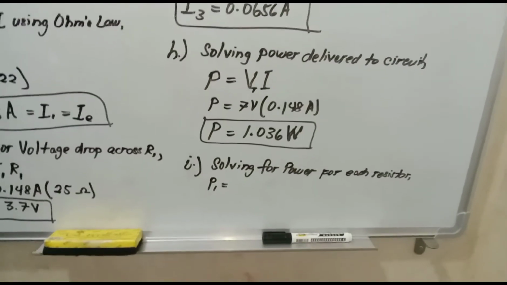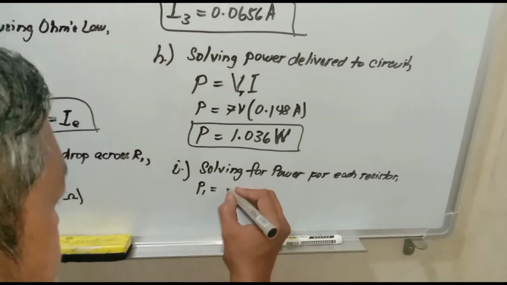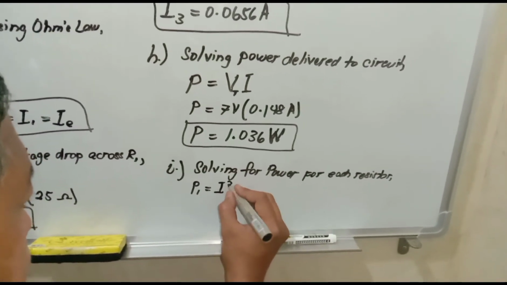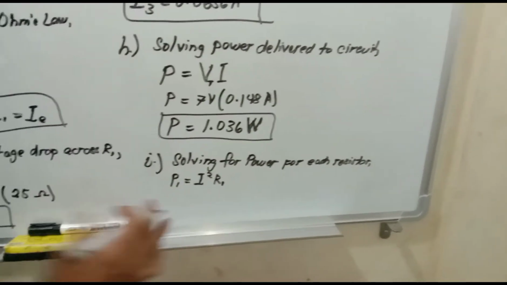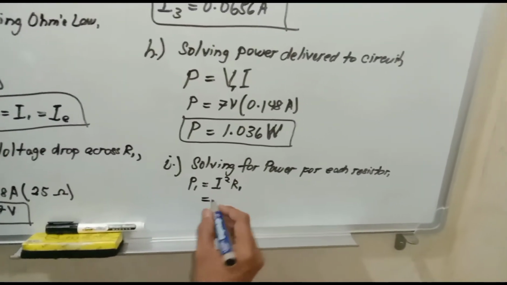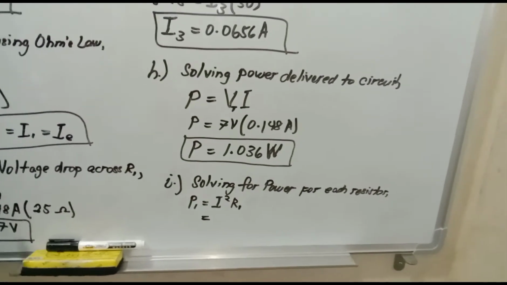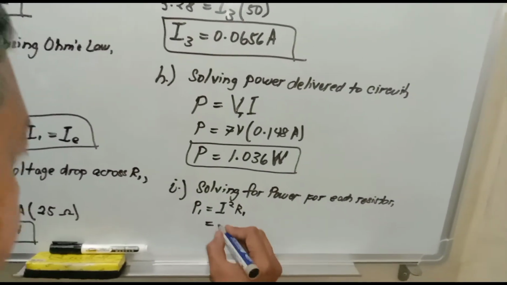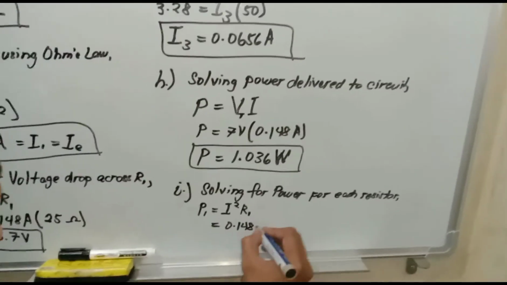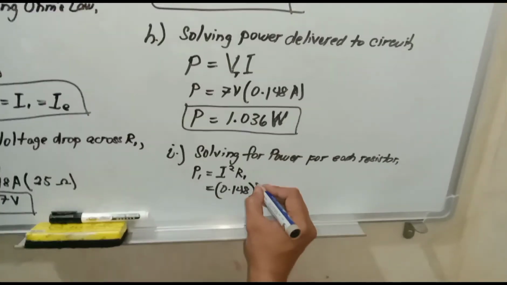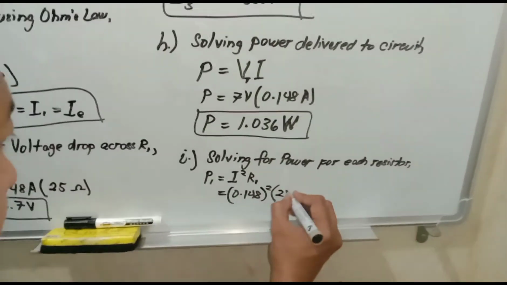P1 is equal to, what is the formula for power, guys? I squared times R1. Substituting I1, how much? 0.148 ampere squared, times R1 which is 25 ohms.